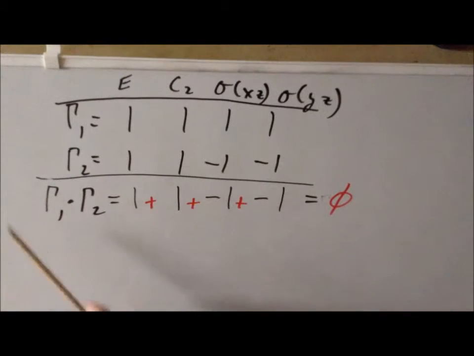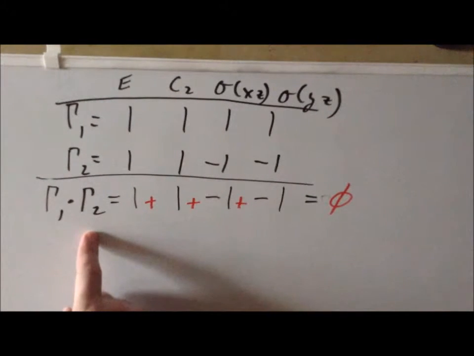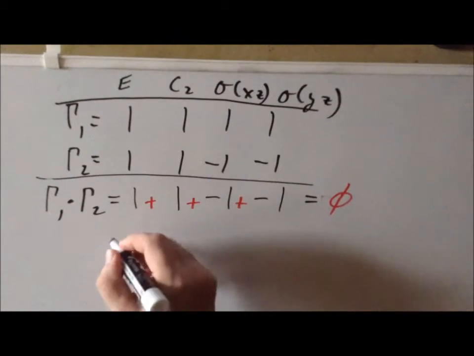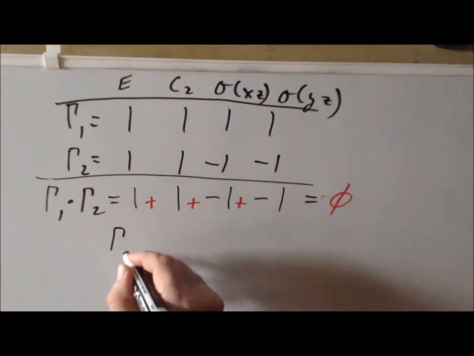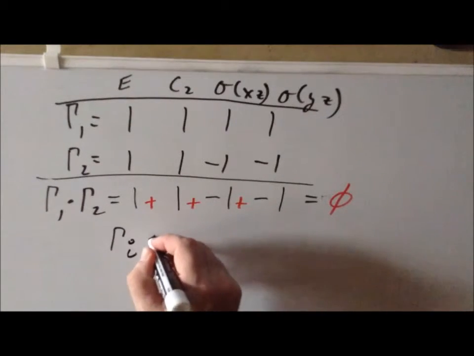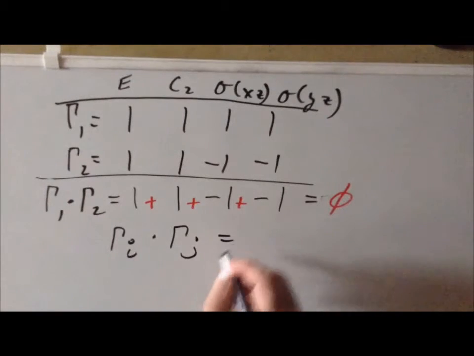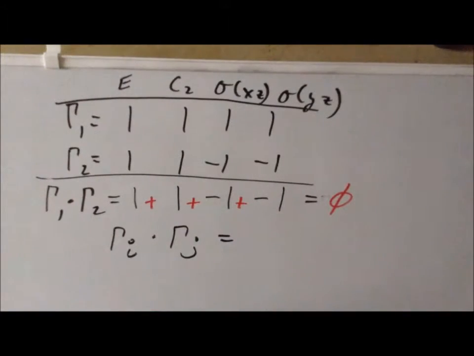And we can write a general rule. We notice that gamma 1 and gamma 2 are different, and therefore they're orthogonal. And we can write a general rule for our representations that if I do the dot product of two different irreducible representations, the answer has to be 0. So this is going to be the answer if I is not equal to j.